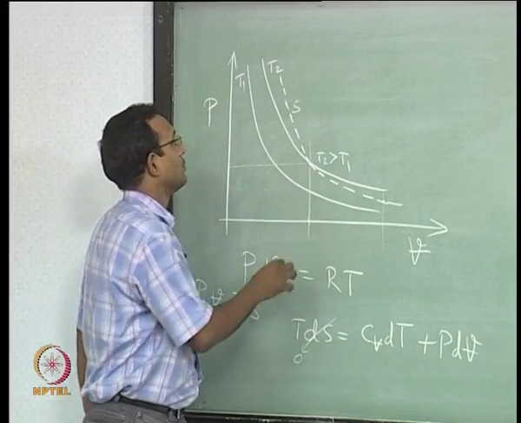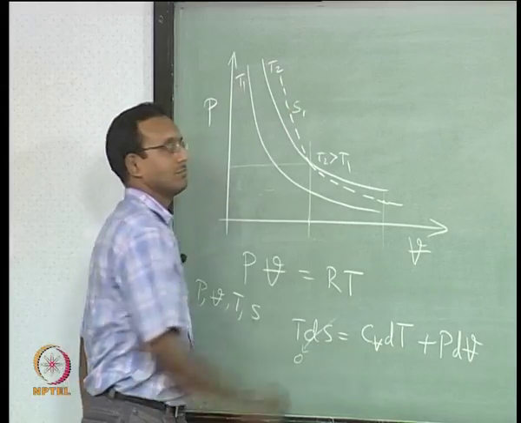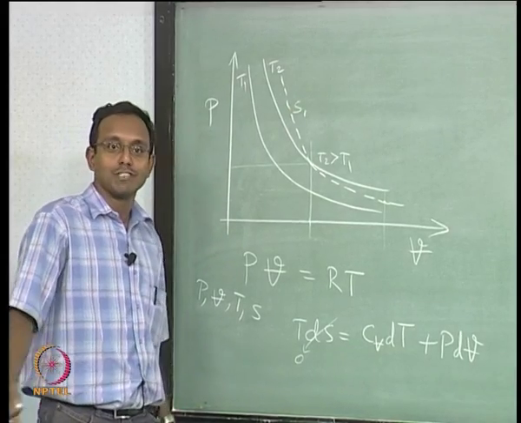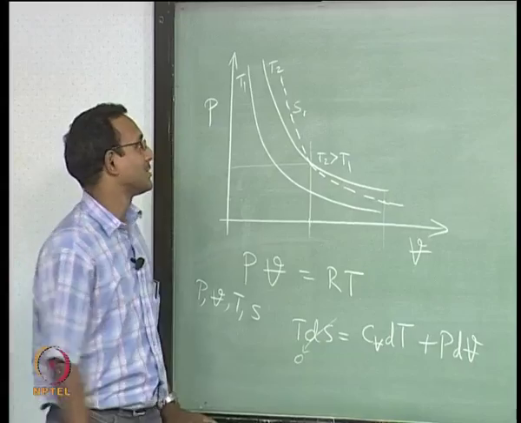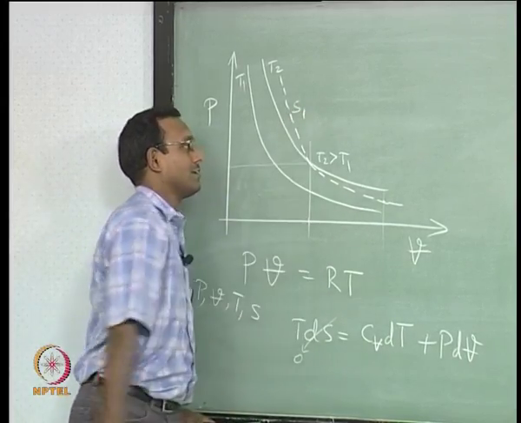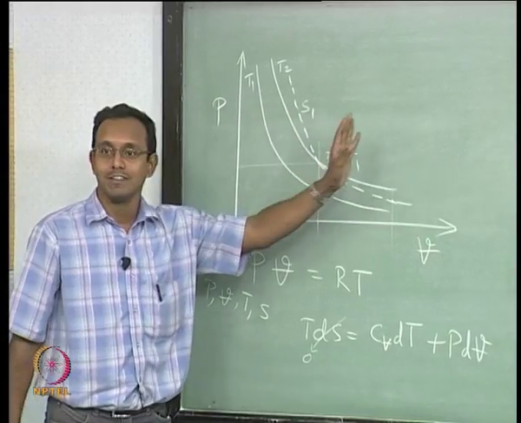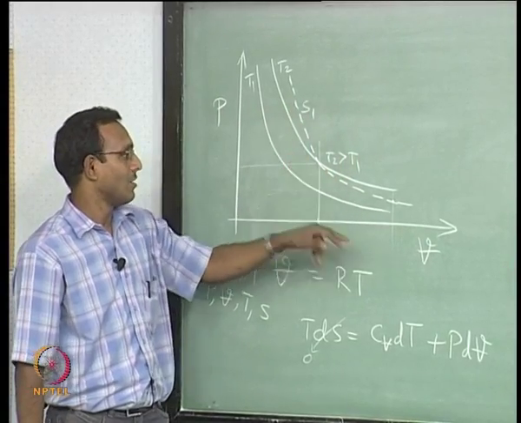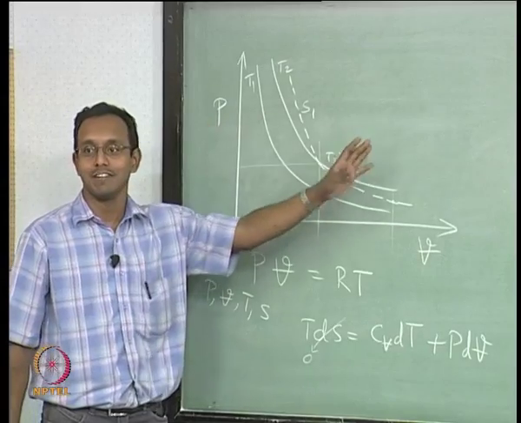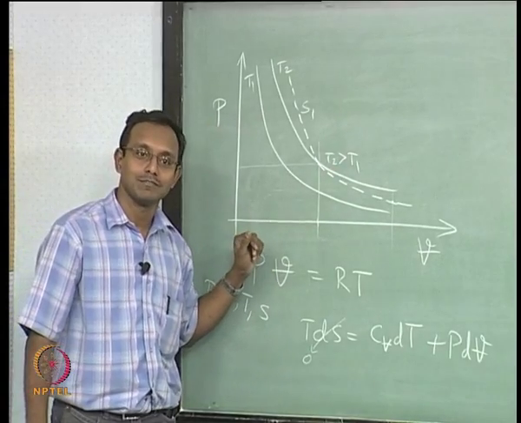Now this is for say S1. I want to draw for some other entropy, let us say S2, which is higher than S1. Of course, the curve will be shifting one way or the other. Let us say we are looking along V: will you go to the left or right when S2 is higher than S1?